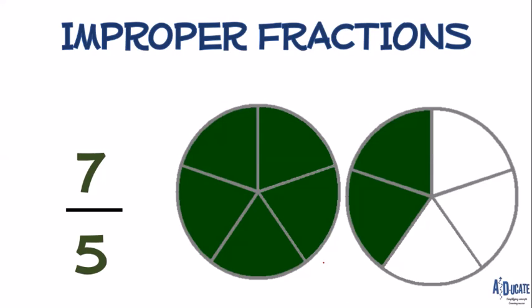So in this case, if you had a cake, you cut it up into 5 slices and the fraction says 7 slices out of 5 slices, you're going to need more cake because one cake can only give you those 5 slices. So a fraction that says 7/5 means you're going to need some more slices.